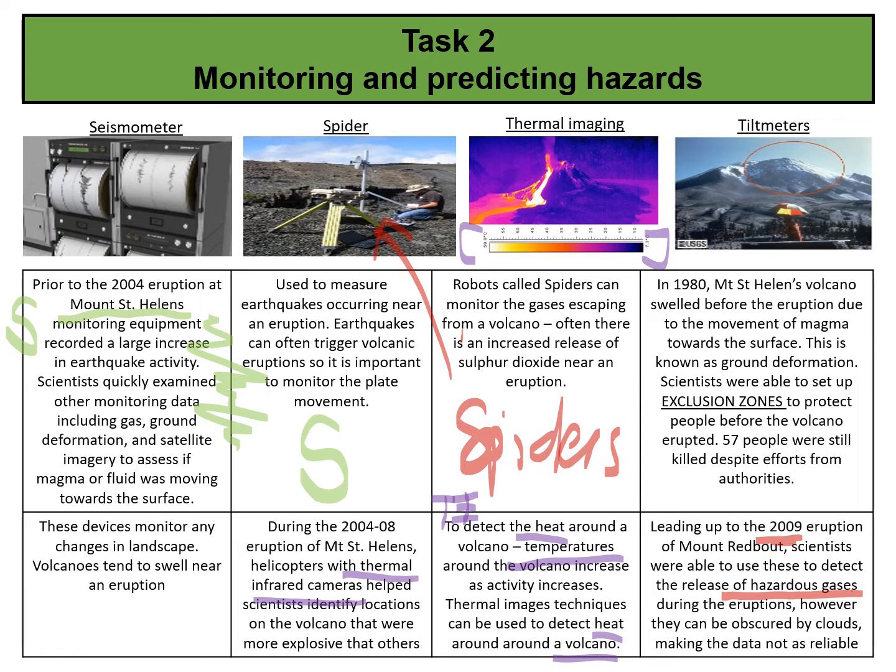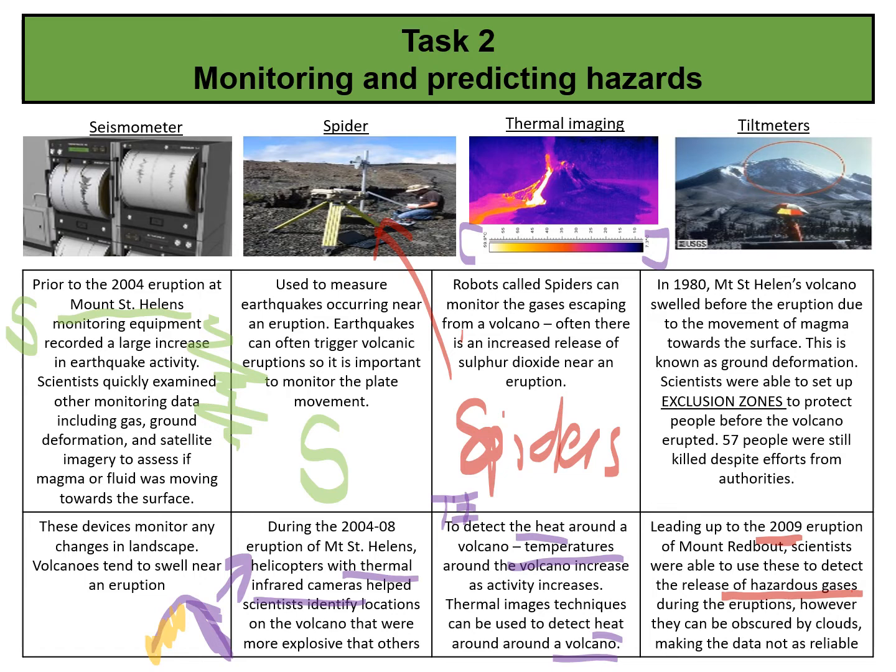So if I just quickly draw a volcano here, if it was purple on this side and then it was a reddy yellow colour on this side, then this suggests that you might need to evacuate people that live on like the east side of the volcano as opposed to the west side of the volcano. So that's another way why thermal imaging is really good at monitoring and predicting hazards.